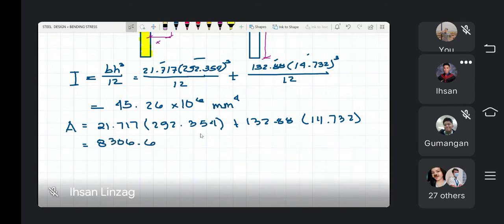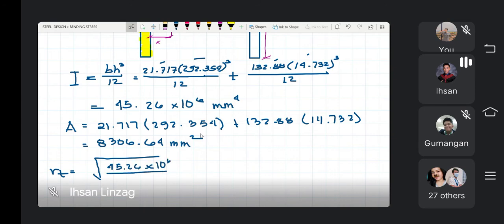8,366.64, sir. So ang ating radius of gyration will be square root of the moment of inertia, 45.26 times 10 raised to 6 all over 8306.64.